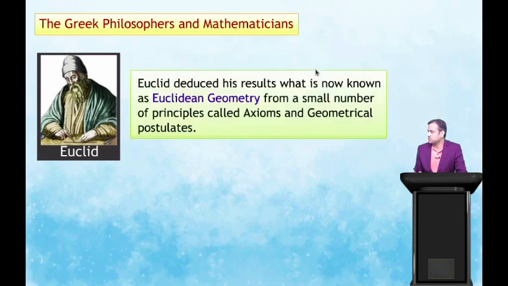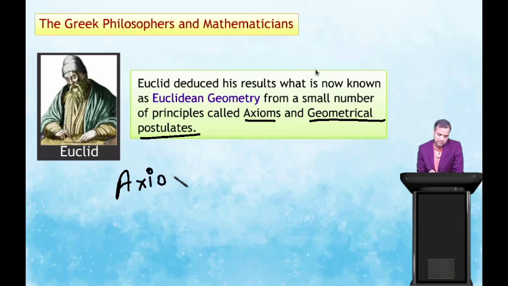Euclid deduced his results, what is now known as Euclidean geometry, from a small number of principles called axioms and geometrical postulates. So these are the principles. One principle is axioms and another is postulates.